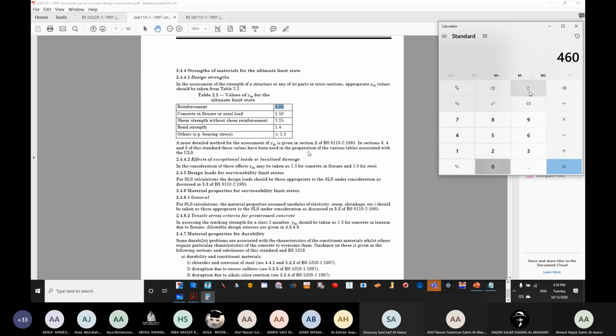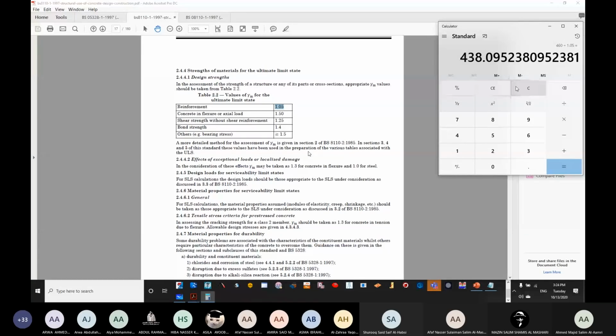If we go for 460 divided by 1.05, we are designing it for 438. And both values are very close to each other. That's why it does not really matter whether you are using in your actual design 460 or 500, as long as you are using 1.05 and 1.15.